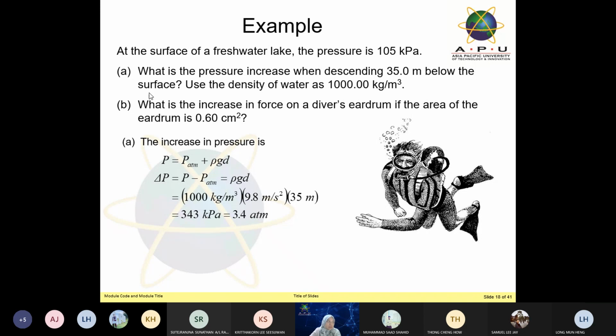Okay. So next is number B. What is the increase in force on a diver's eardrum if the area of the eardrum is 0.6 centimeter square? Okay. So now we want to measure the increase, how much?